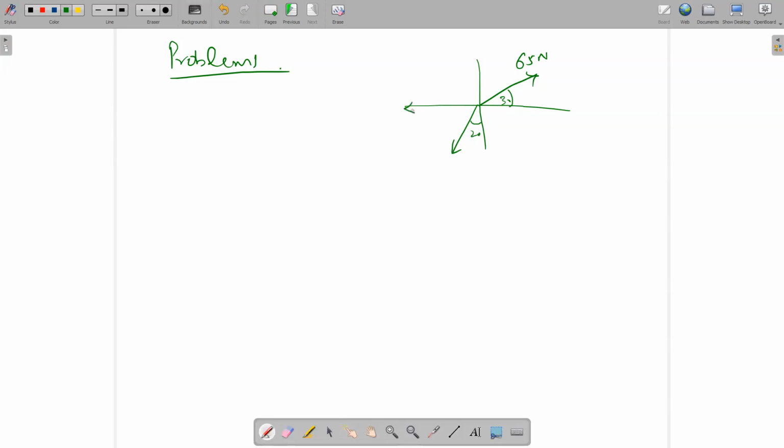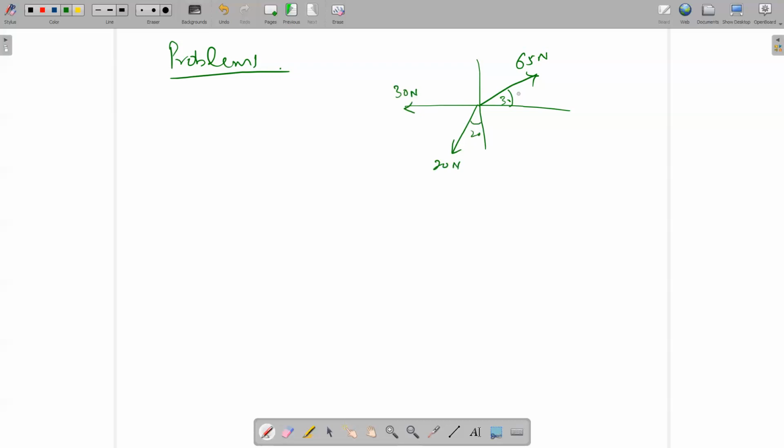And one force is here, its value is 20 Newton. And one force is here, its value is 30 Newton. Now the question is, find the resultant of the forces and the resultant direction.